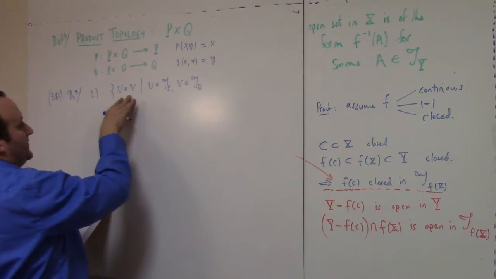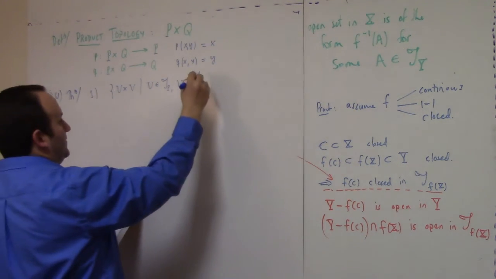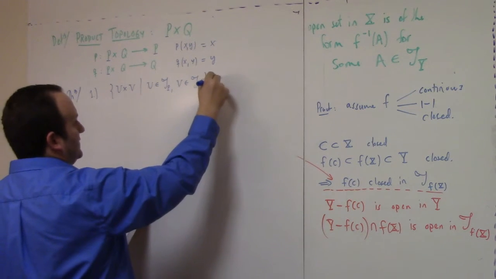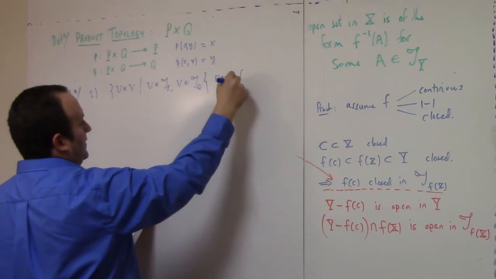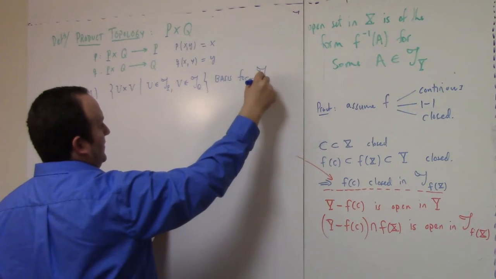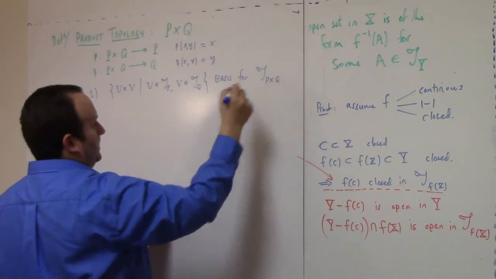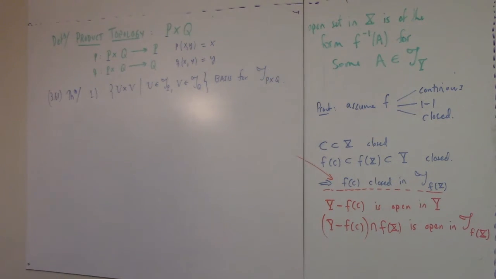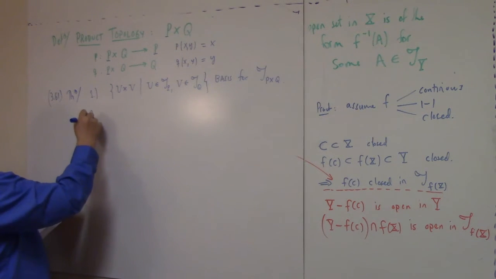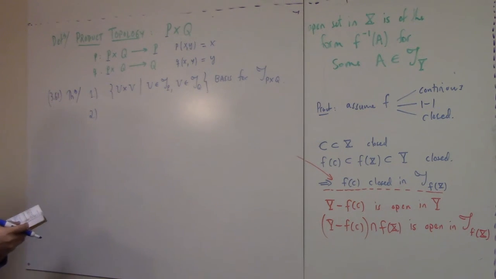So the Cartesian product of open sets, well this is a basis for the product topology. Okay. And what did it take for something to be a basis, remember? What does it take for something to be a basis for a topology? This is called the canonical basis, by the way. Any open set is going to be a union of elements of the basis.